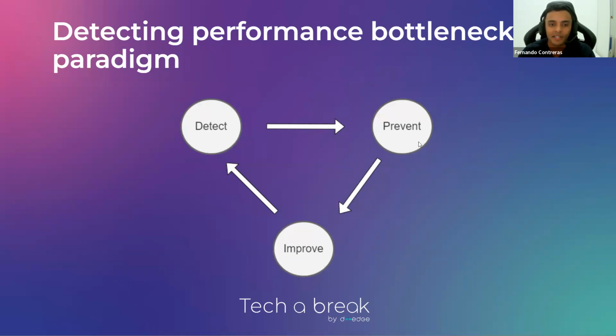And then once you understand what the weaknesses of your system are, you can build on top of this knowledge prevention mechanism like rate access limiting and so on. Once you have security installed on your system to prevent system failures, then you can focus on working on improvements. And once you have a new enhanced version of the system, then you can start again from zero and performing again detection in the new improved version so that you can spot what are the next steps that you need to optimize.